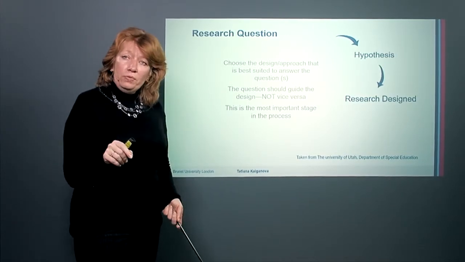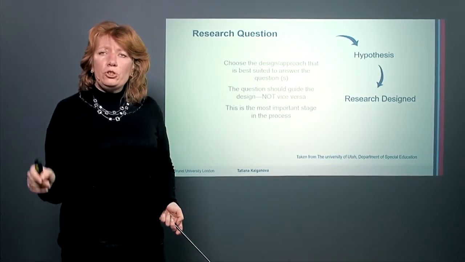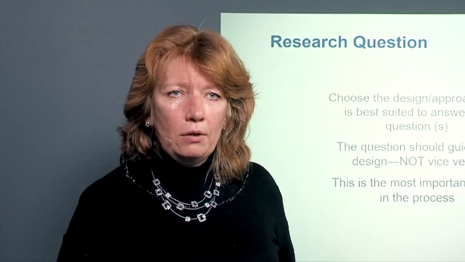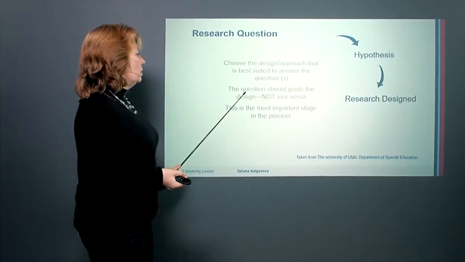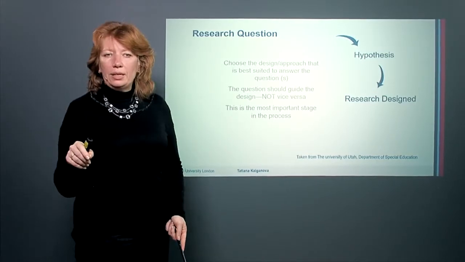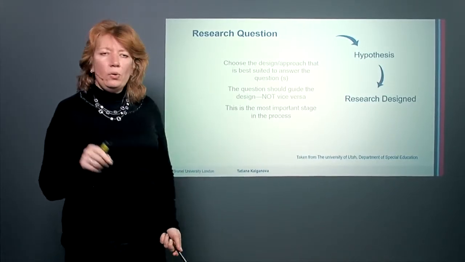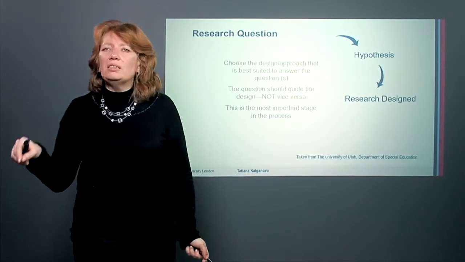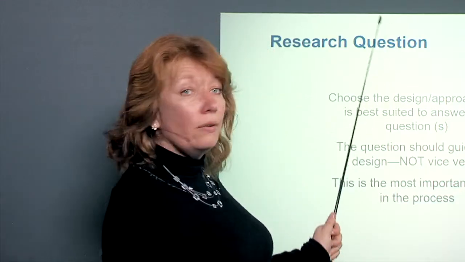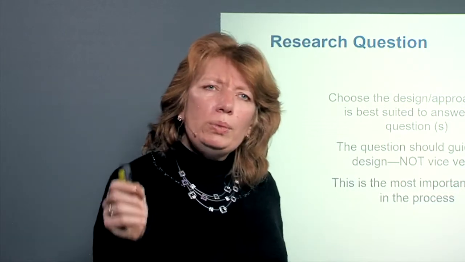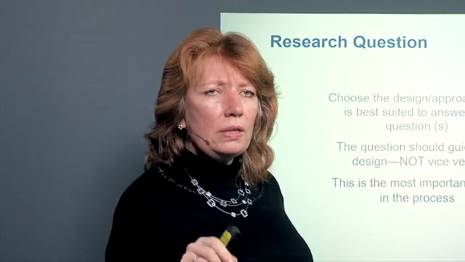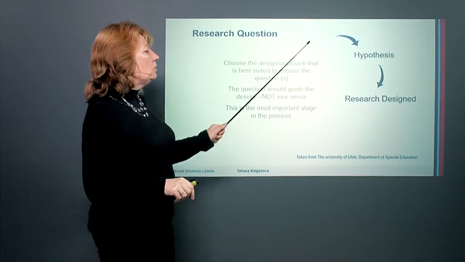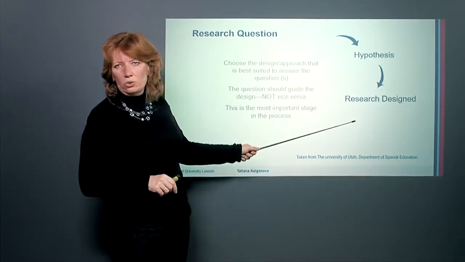The most important thing, and it's the major mistake of quite a lot of students when they start to do their research, is that the question should guide the design, not vice versa. In our case, we are looking first at the question and we understand what necessarily needs to be done to answer this particular question. If you start to think about your project in this direction, you will know what exactly needs to be done.